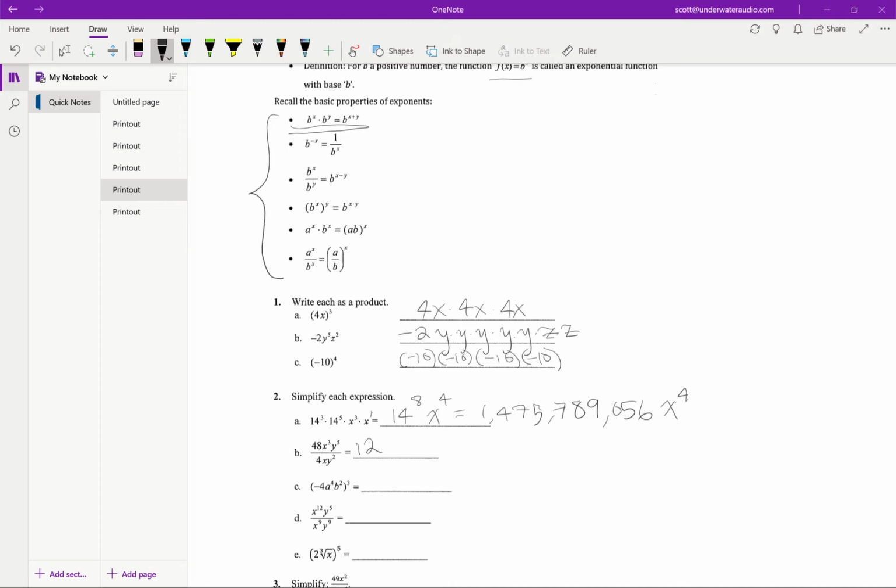And then using the rule here, I have two bases that are the same, one on top and one on bottom, so I can just use subtraction. So 3 minus the power of 1 is just x squared. And y to the fifth over y squared, that'll just be y to the third.